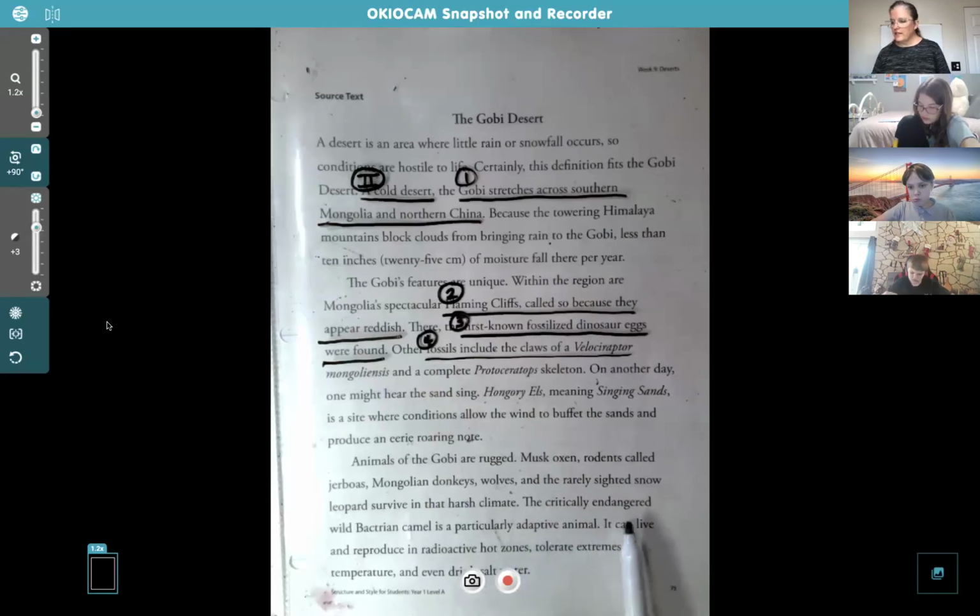The critically endangered wild Bactrian camel, hey, remember that guy? That was from a long time ago. The wild Bactrian camel is a particularly adaptive animal. It can live and reproduce in radioactive hot zones, tolerate extremes of temperature, and even drink salt water.